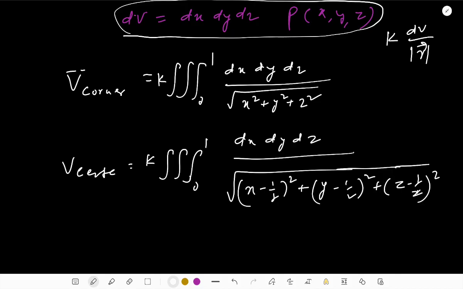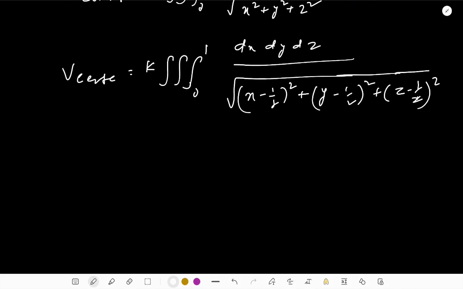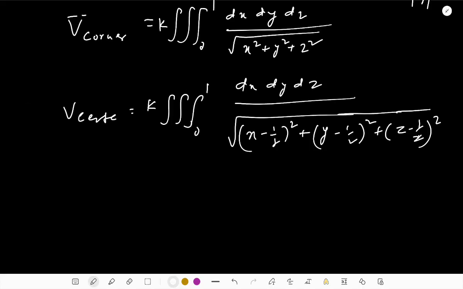and we can set up the ratio of integrations.